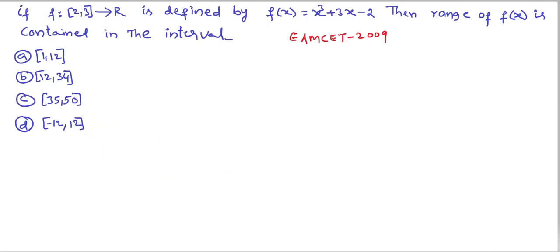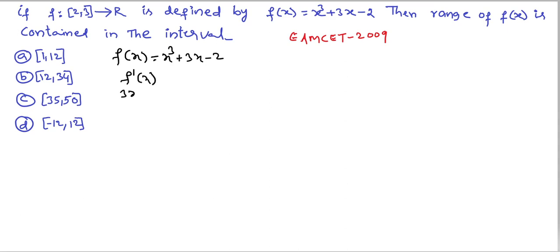If f maps 2 comma 3 to R is defined by f of x is x cube plus 3x minus 2, then the range of f of x is contained in the interval. Here is given function f of x is equal to x cube plus 3x minus 2. So take f dash x is equal to 0.